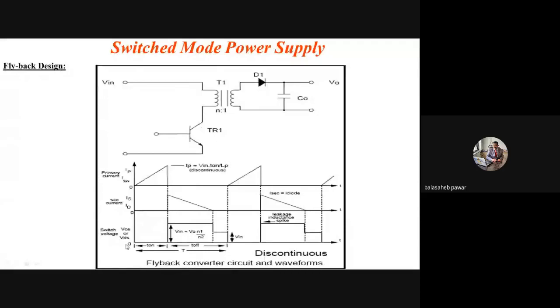That means the voltage at this terminal with respect to ground or with respect to the emitter. The emitter is grounded. So up to this time period, how much will be the voltage? That voltage will be equal to the energy stored by that inductor, or it is mentioned as V in plus VO into N1 by N2, is it?